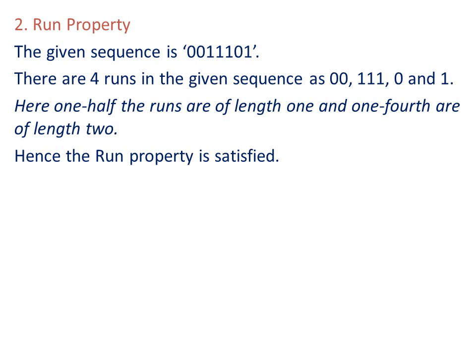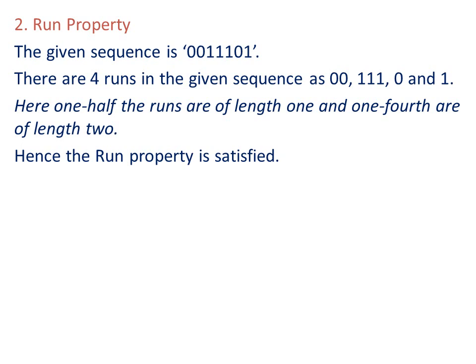There should be 4 runs. If you look into the sequence, there are 4 runs: 0 0 is 1 run, 1 1 1 is one more run, 0 is a single run, and 1 is one more single run.